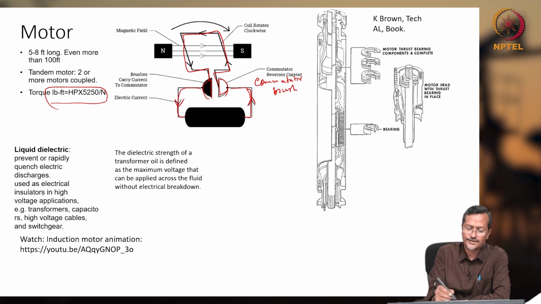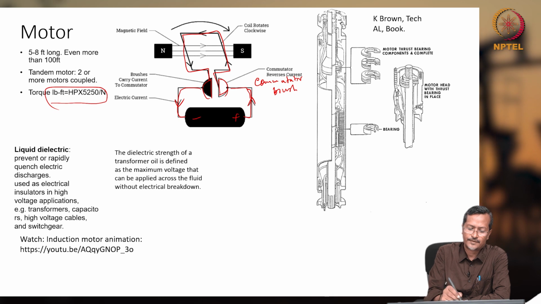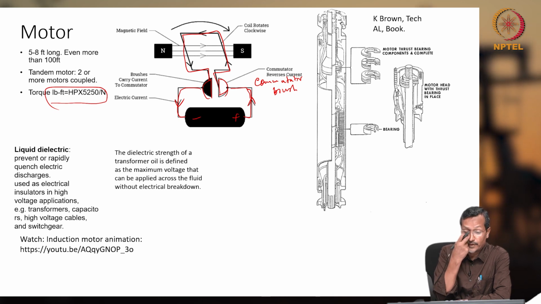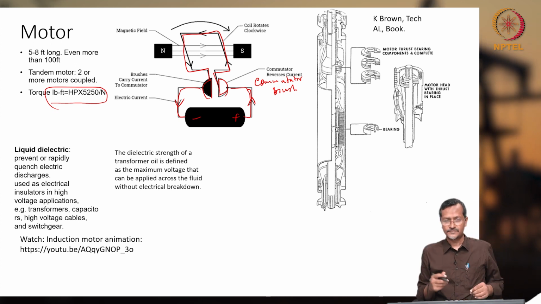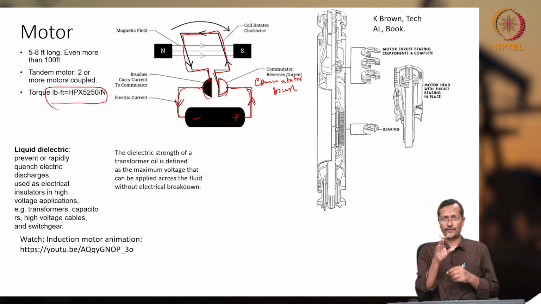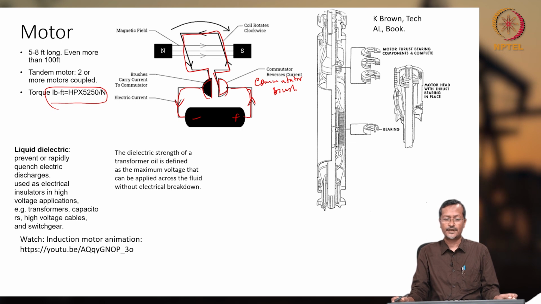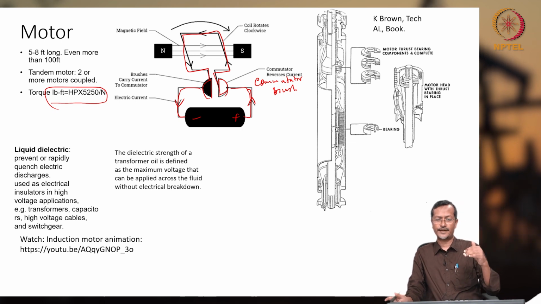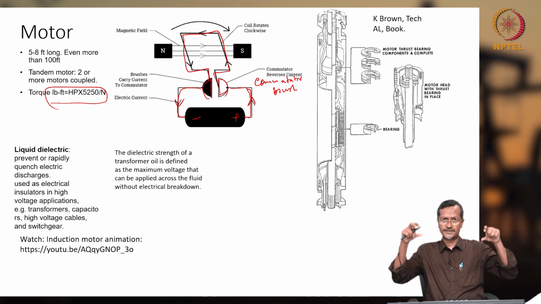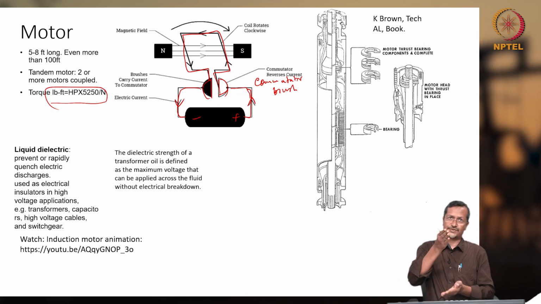So you are giving electricity from here, and when you give electricity, I already wrote that the coil will create magnetic flux because of electricity. Now when that magnetic flux cuts your actual magnet flux, it will create a force.